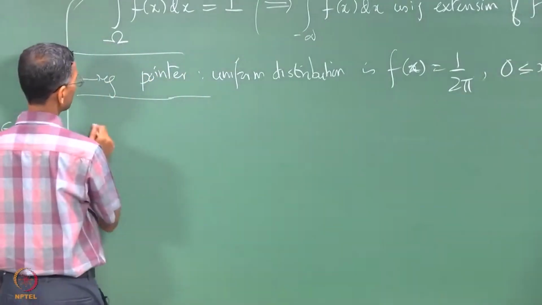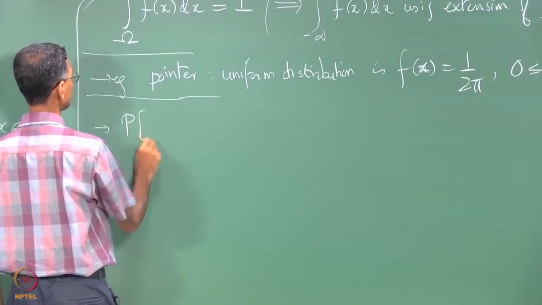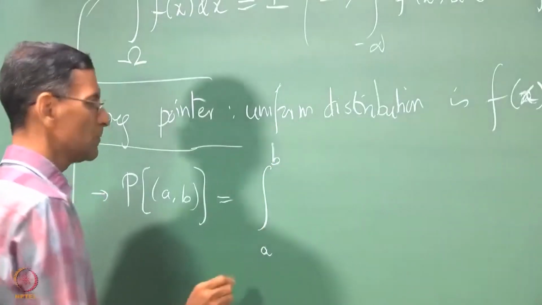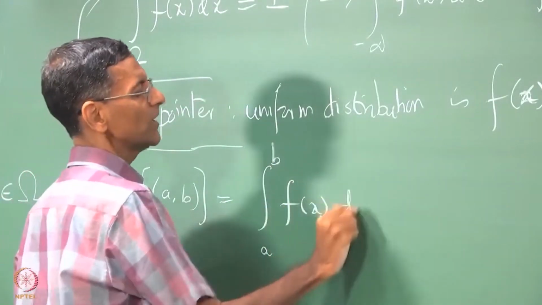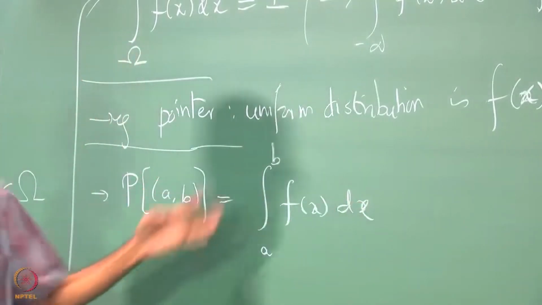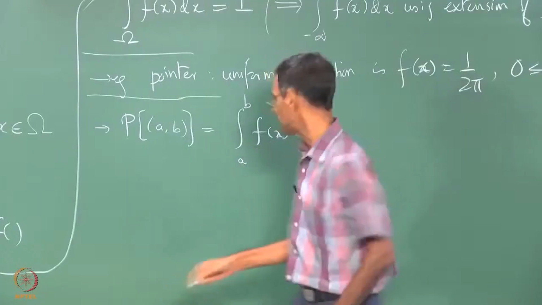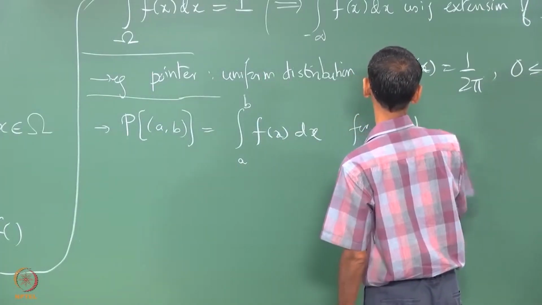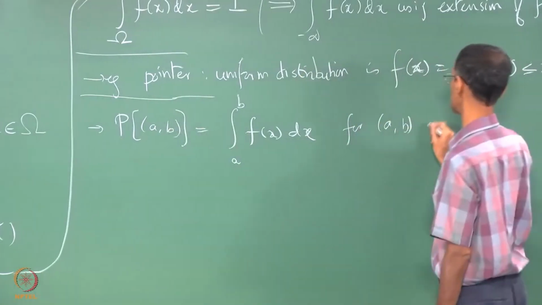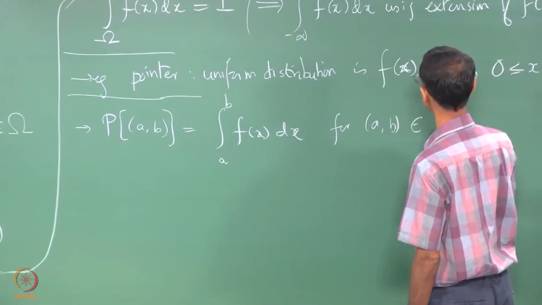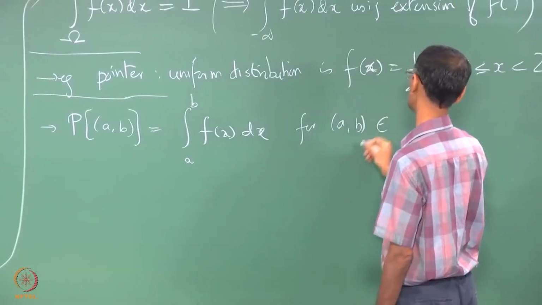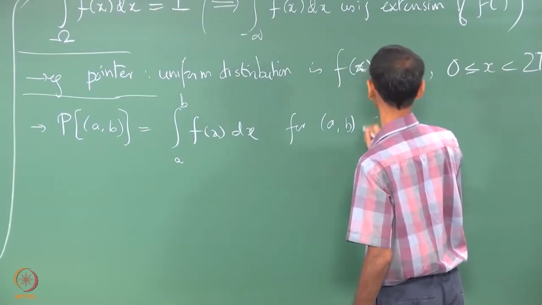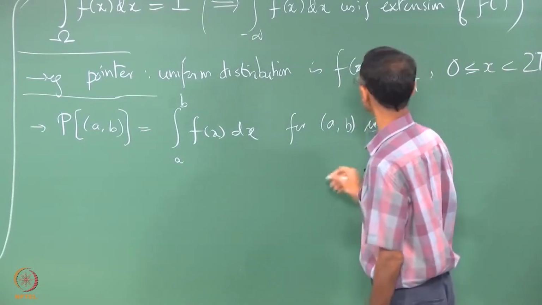The most important point is that the probability, as I said yesterday, of any interval a b is the integral from a to b of f of x dx. Now here you can ask, where are these points a b? Typically the interval a b will be in omega, or this is an open interval just for the sake of completeness, and typically it will be in the Borel sets.